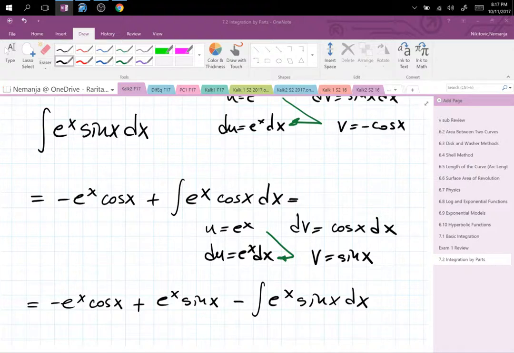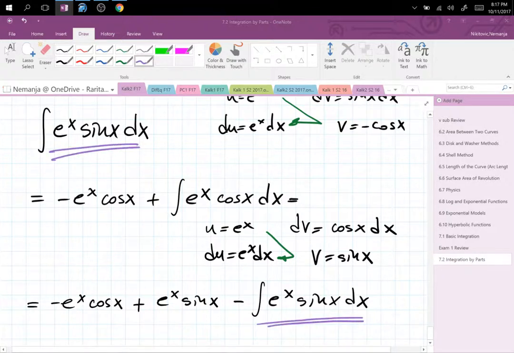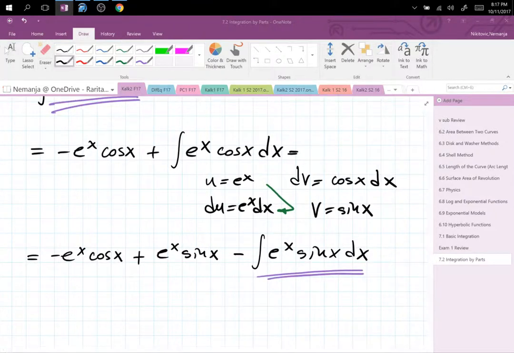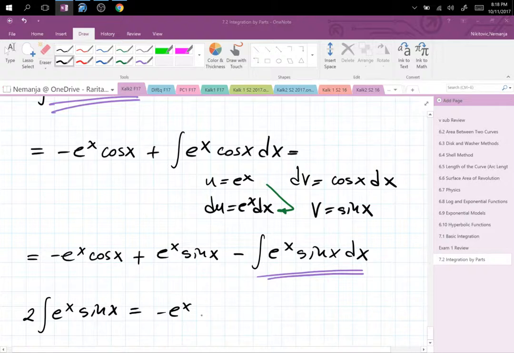So, what we realize is that this part and this part are the same on opposite sides of the equal sign. So I will bring this to the other side. What do I get? I get 2 integrals of e to the x sine x is equal to negative e to the x.